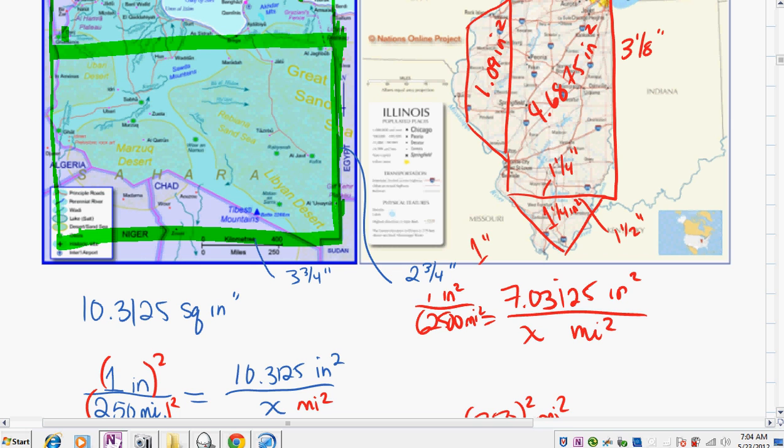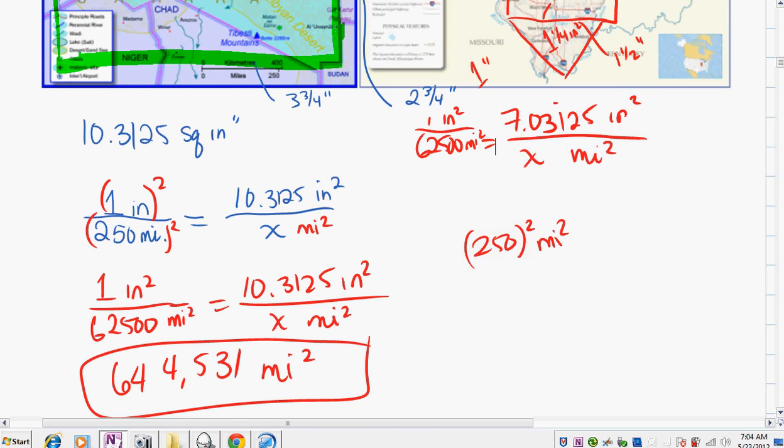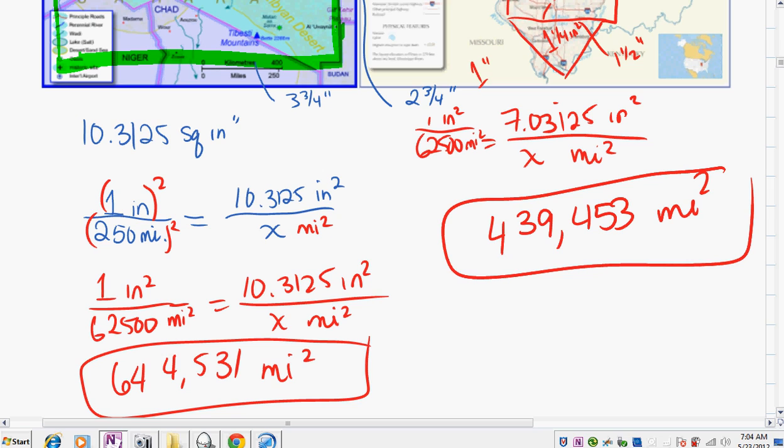So I can again solve this proportion, and I get 439,453 square miles. So it looks like not that far off.